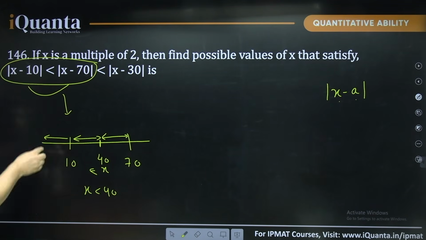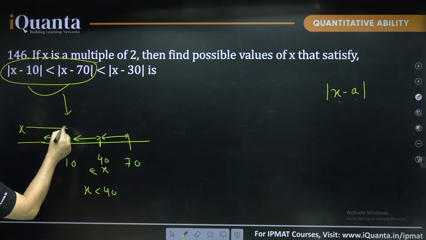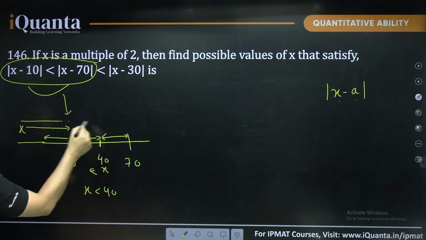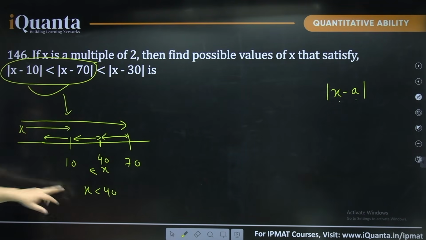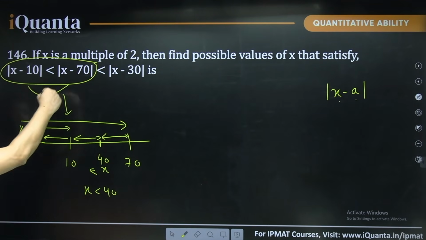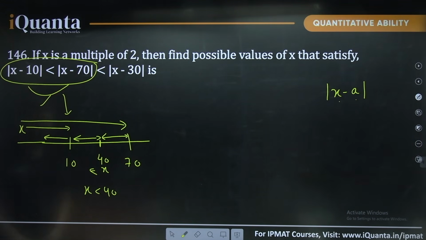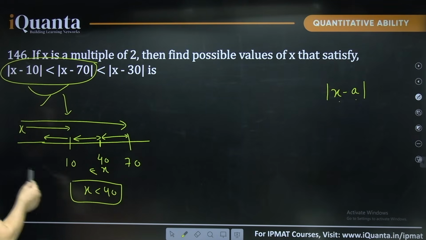Suppose x is on this side of 10. Obviously the distance of x from 10 is this, while the distance of x from 70 is greater. So all values of x are satisfying it. Can I say that x should be less than 40? In that case, this is being satisfied, right? So this is what I get from here.